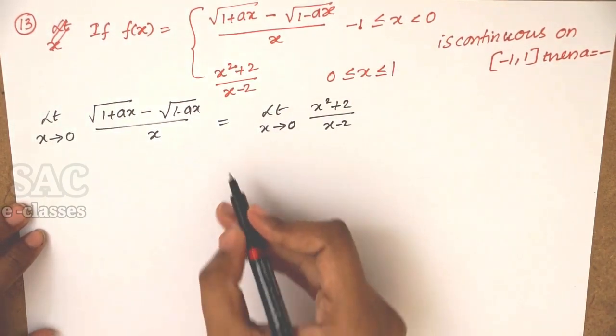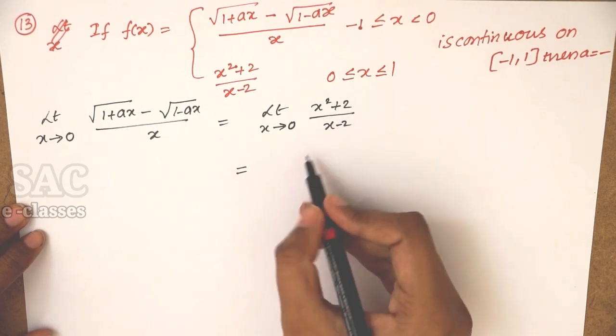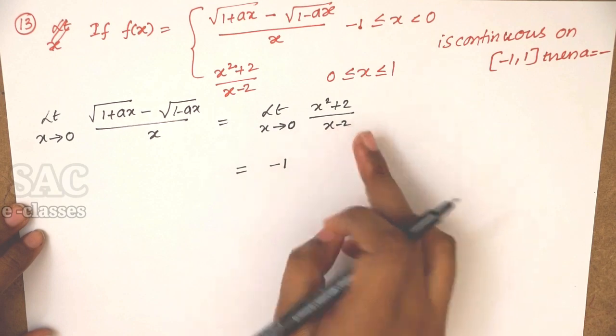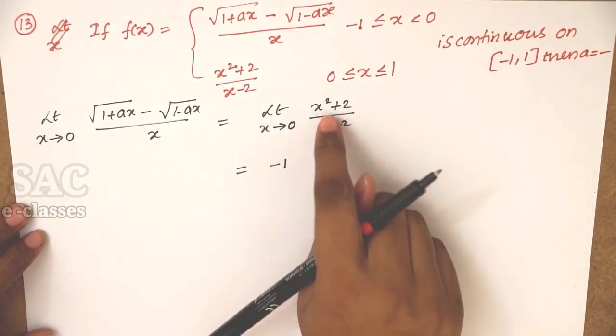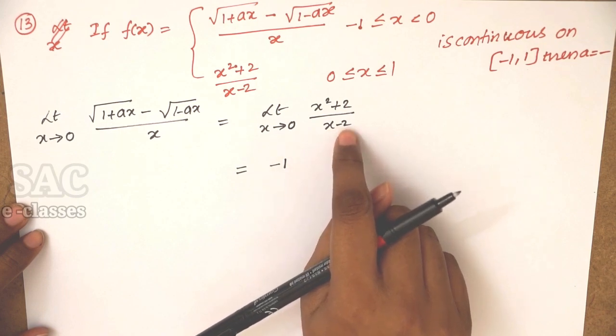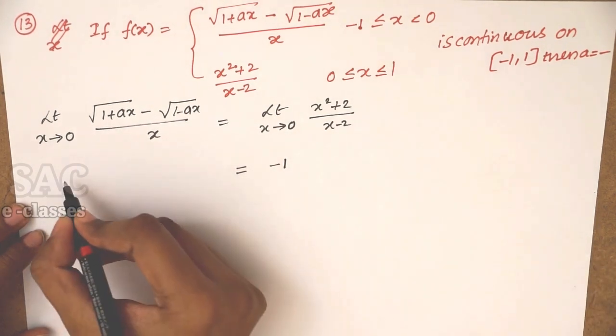This is the usual limit. You can use that: 2 by minus 2 is minus 1, or else by using L'Hospital also, you will get minus 1. So anyhow we can find the value very easily.